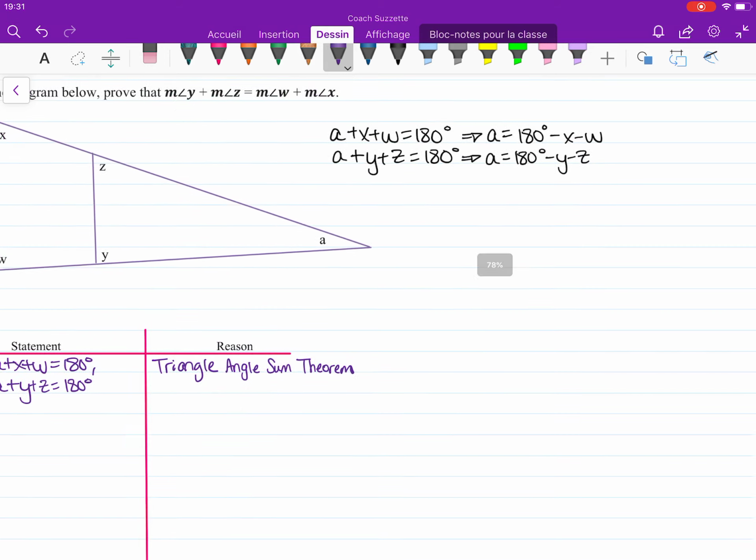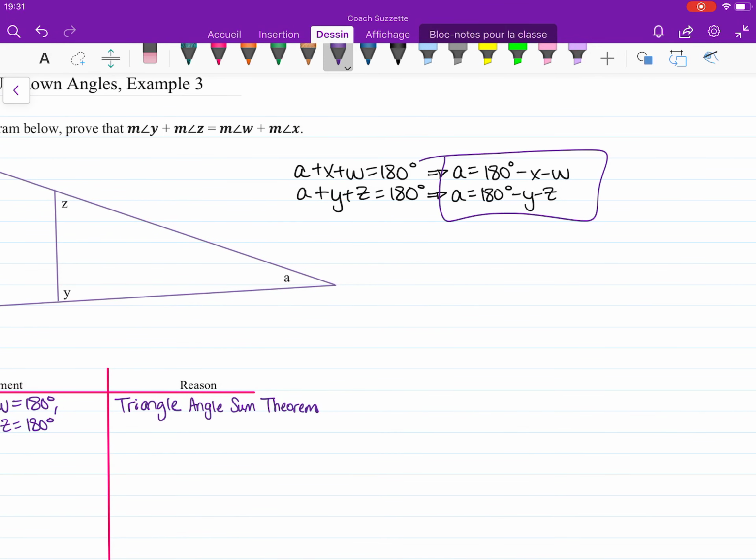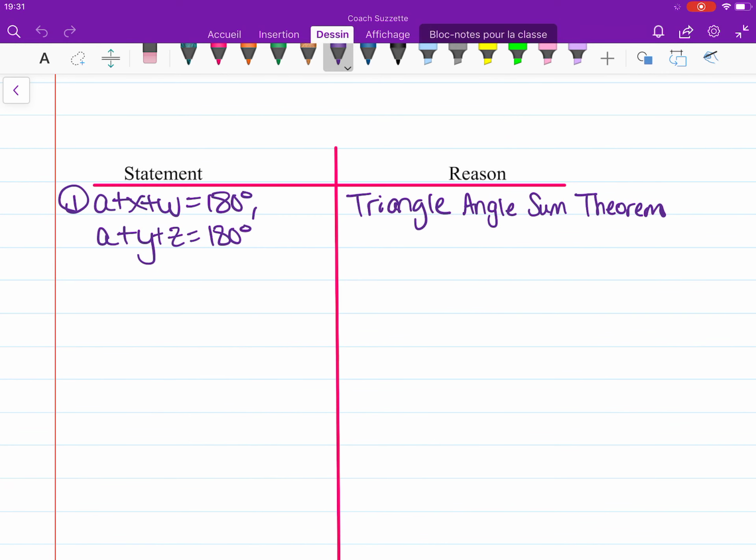And then the next thing we did was we rewrote the equations like this, right? Okay.